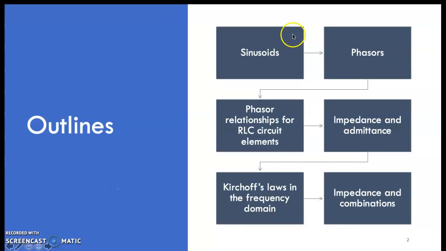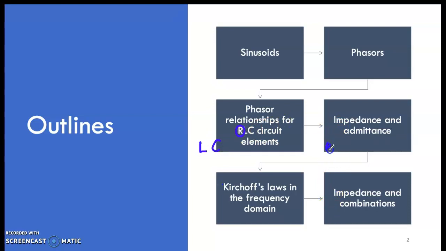So what you will learn in this chapter, first is the concept of sinusoids, and then we transfer to the concept of phasors. In the previous chapter, you learned only about the resistor, R. So now, in sinusoids and phasors, we will introduce the inductor and the capacitor.